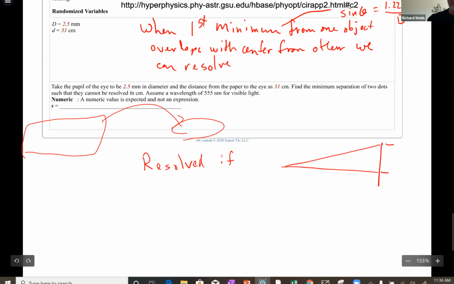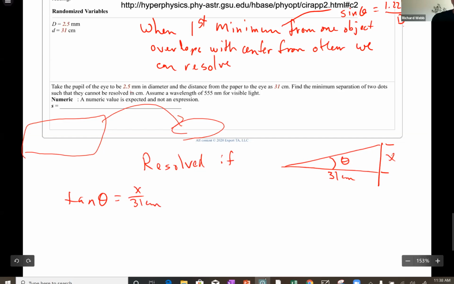We have the diameter of the eye is capital D, and the distance from the paper to the eye is 31 centimeters. Find the minimum separation. So we're looking for this x between two dots such that they cannot be resolved. Basically we want to find the angle from the eye. So we want to find theta and then do simple trigonometry to find x, right?